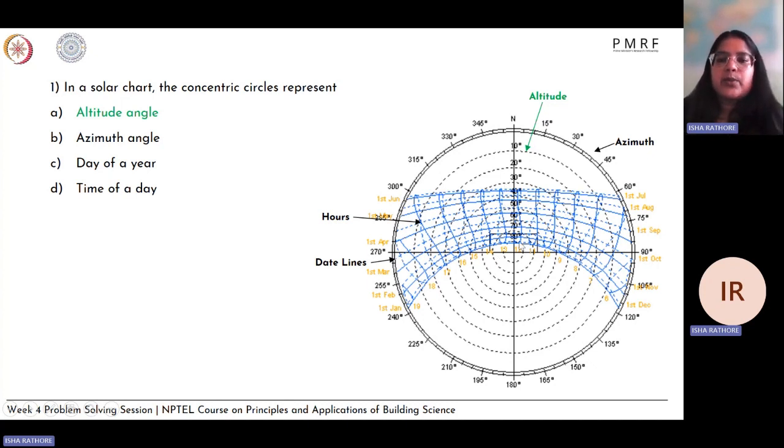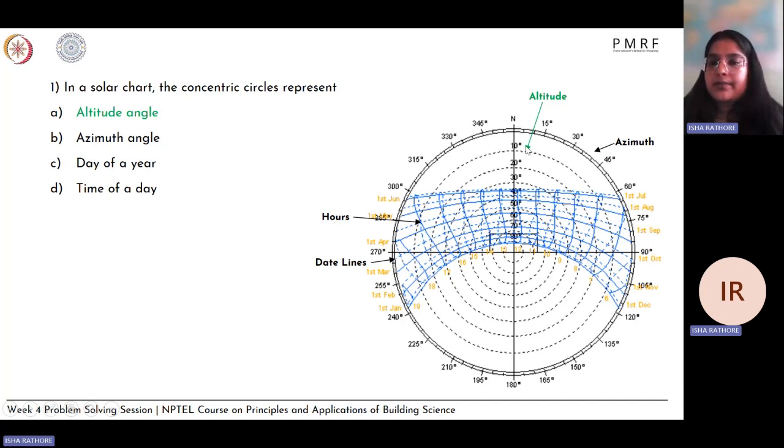So if you want to calculate where the sun is on a particular day or at a particular time, you can just select the day and select the hour. If you know the altitude and azimuth angle, you can also calculate where the sun is.